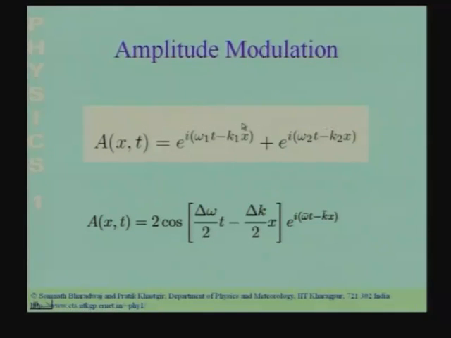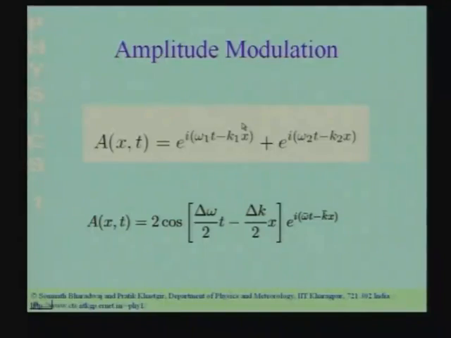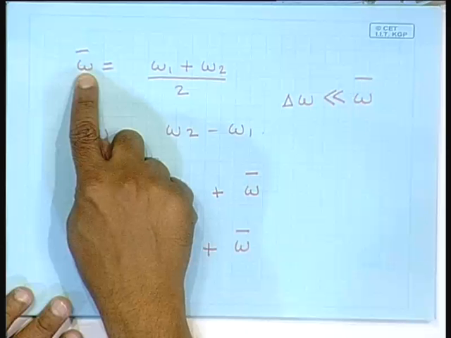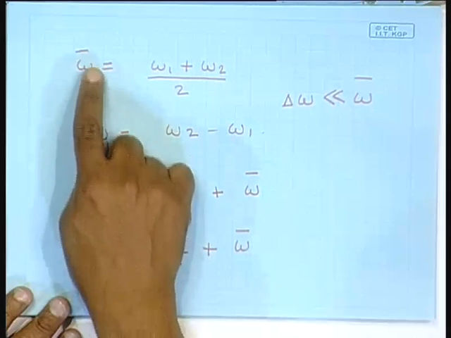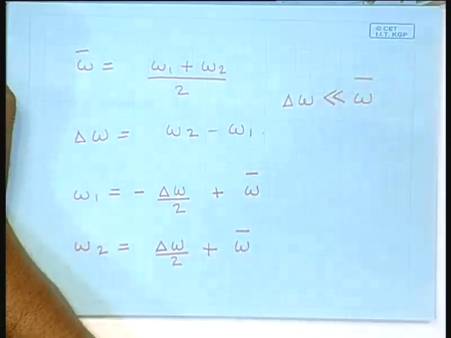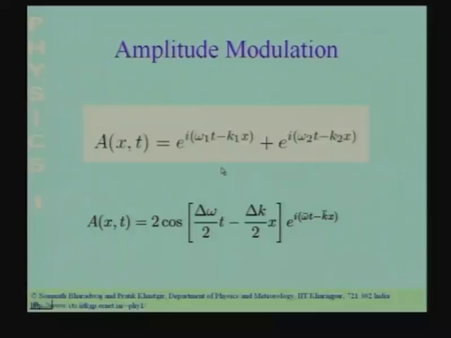Now, we can repeat exactly the same exercise which we had done when we had looked at the time evolution. So, we could write omega 1 and omega 2 in terms of the mean angular frequency and the difference in angular frequencies. We can do exactly the same thing with the wave numbers also. So, we could also introduce the average wave number and the difference in wave numbers.